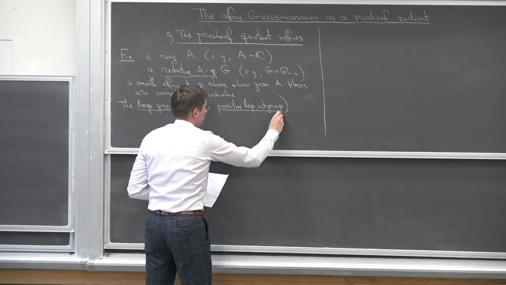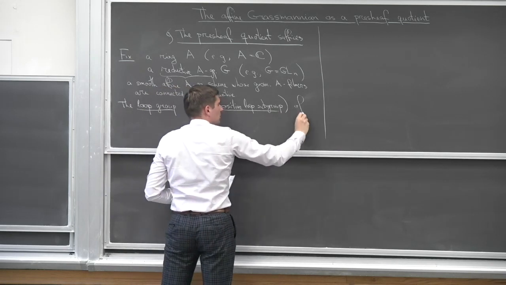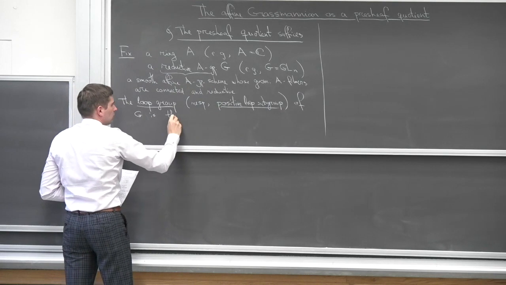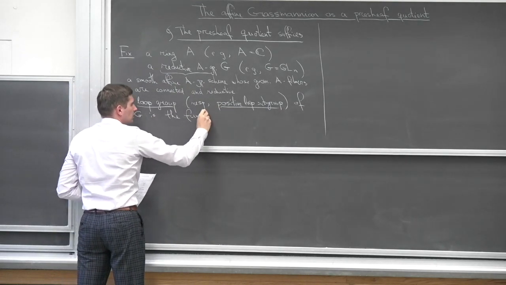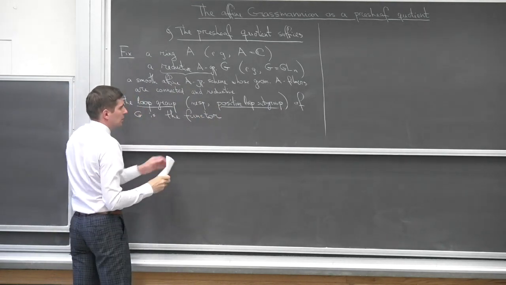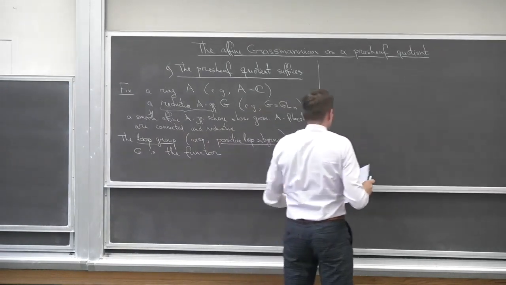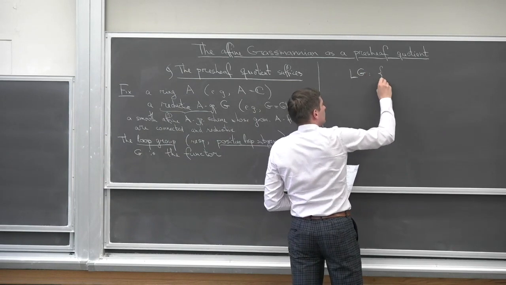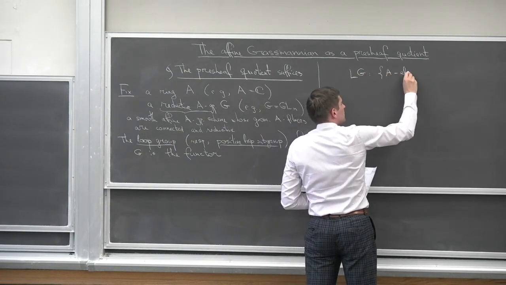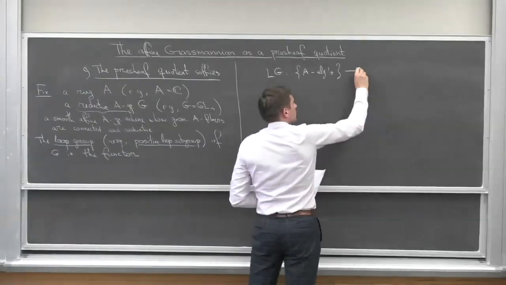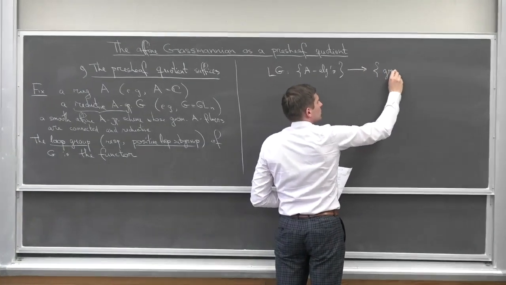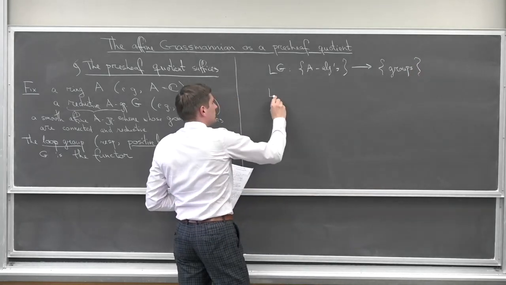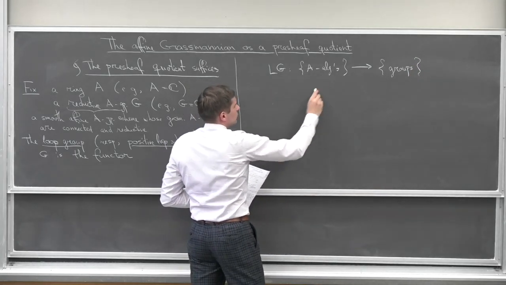Okay, so these are functors of G. The loop group is a functor LG from the category of A-algebras to the category of groups.